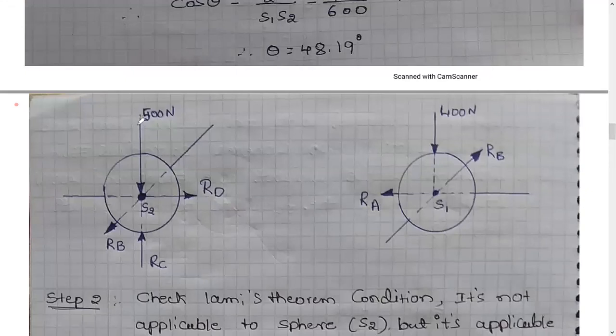That is, one is the 500 Newton acting downwards, which is equal to minus 500, plus RC which is acting upward, so plus RC. And there is an inclined force RB which is acting at 48.19 degrees with respect to horizontal. So RB sine 48.19 degree is one more vertical component.